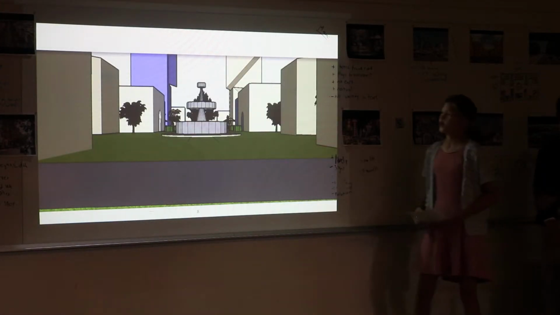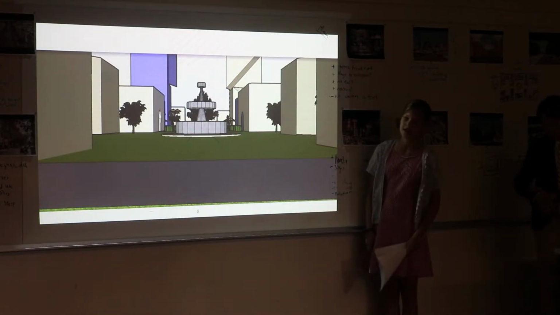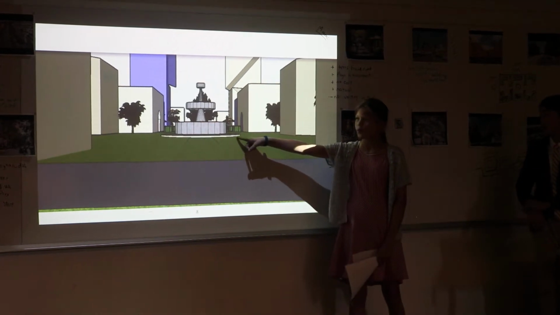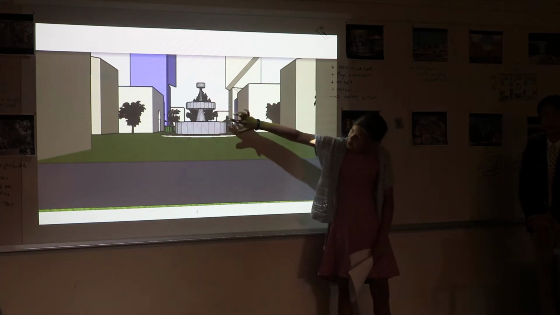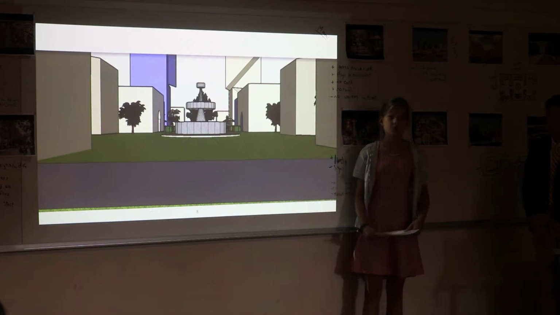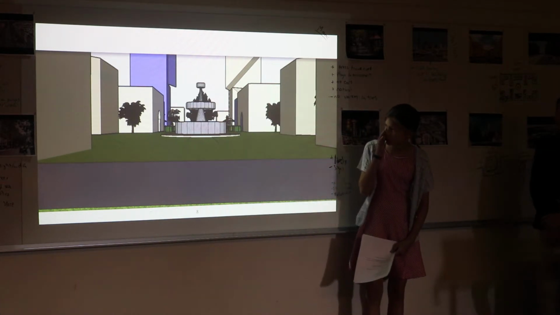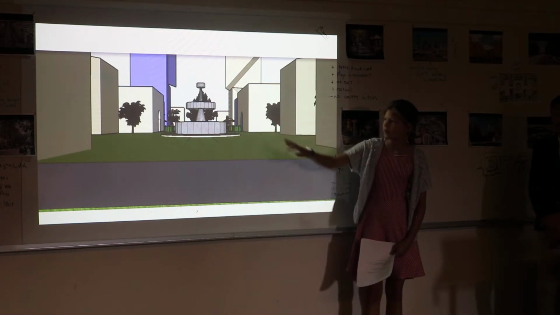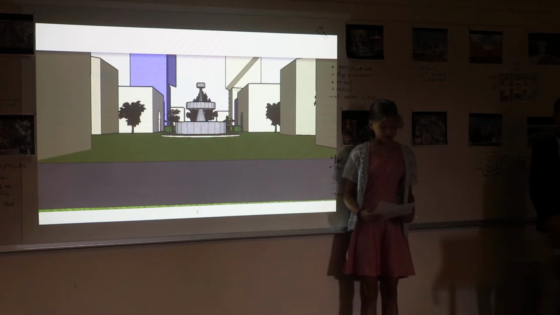So this is a view from our second square looking ahead if you were a person. As you can see, our main focal point is the fountain, but just behind the fountain, you can see the tree, which we made larger to create an original idea. The buildings on either side frame the fountain, making it more important.